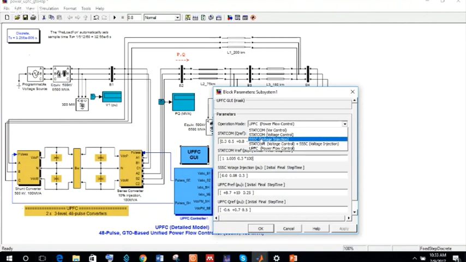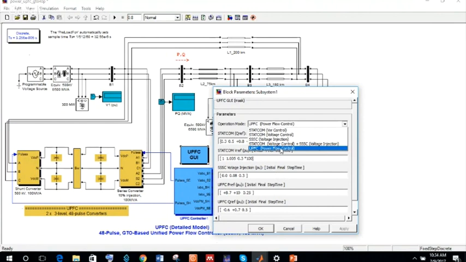If it is SSSC, you can control the voltage injection. Again, for STATCOM and SSSC, that is voltage control and voltage injection control, and UPFC control, which is the main, uses both the controllers for controlling the power flow.